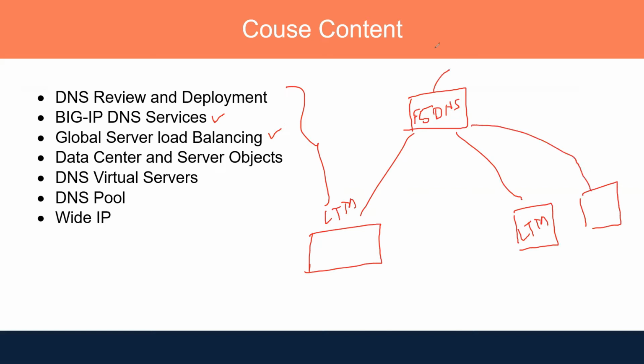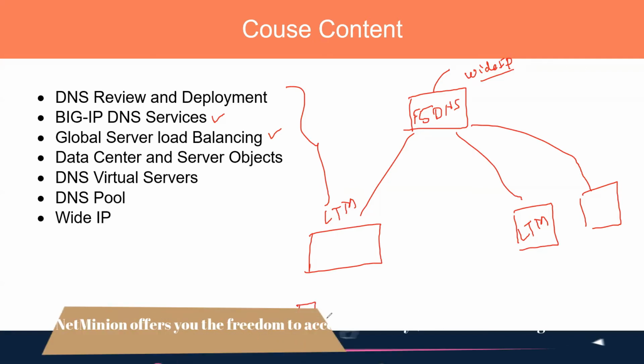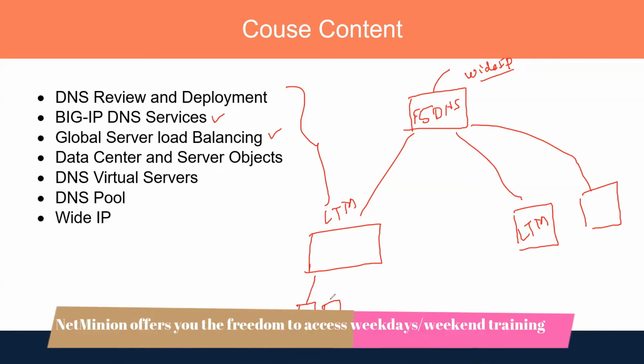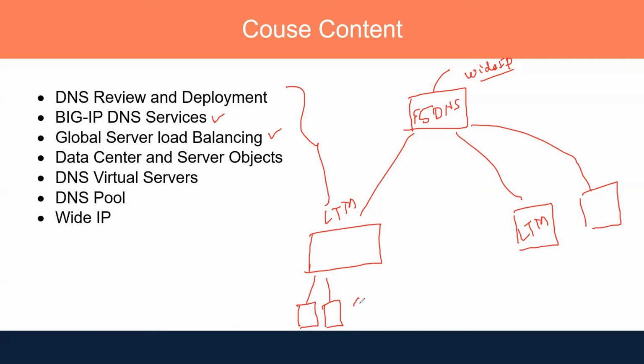So here on the F5 DNS, you would be configuring a wide IP. Okay. And your actual server would be here, which would be running an application. So let's say there are servers which are running an application on port number 80. The same servers are here, running the application on port number 80. And the same servers are here in a different data center, running the services on port number 80.